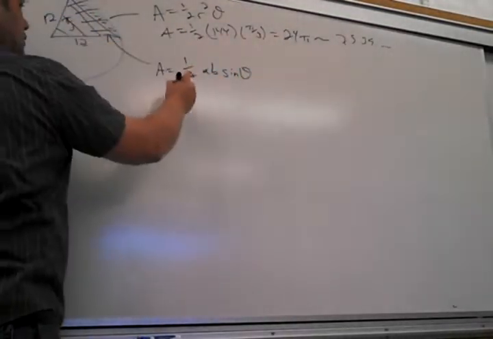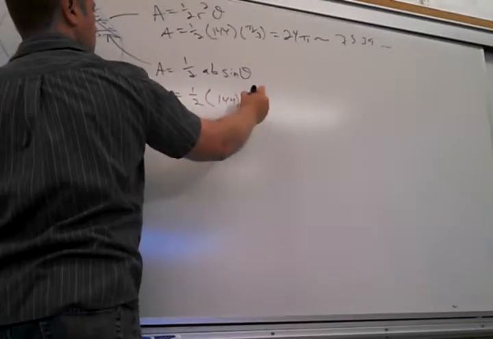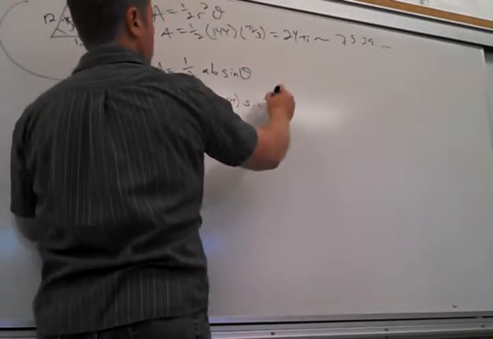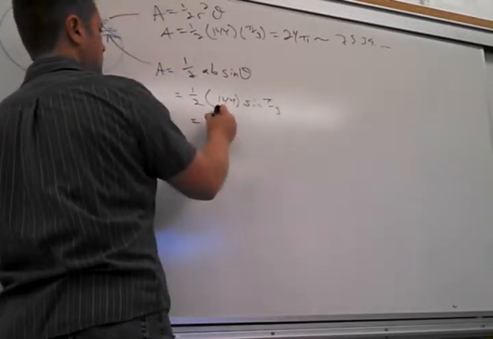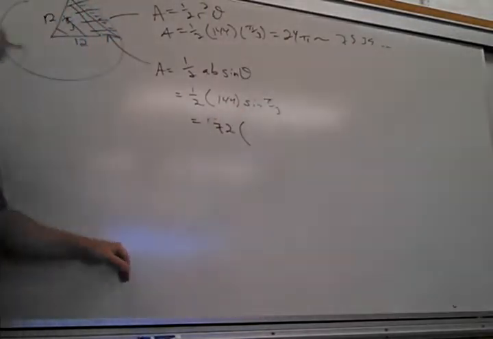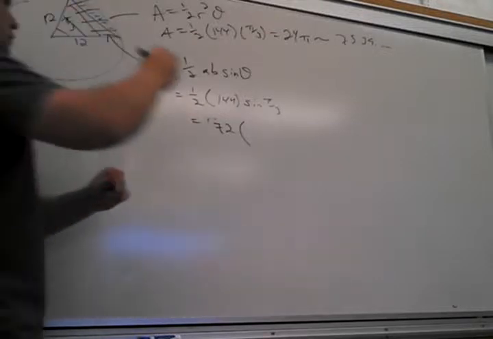Now what about this guy? How do I set that equation up? 1/2 times 144 times sine of theta, which is pi over 3. And what is sine of 60? Beautiful, because it's closer to 90, so it's going to be bigger because sine likes y.